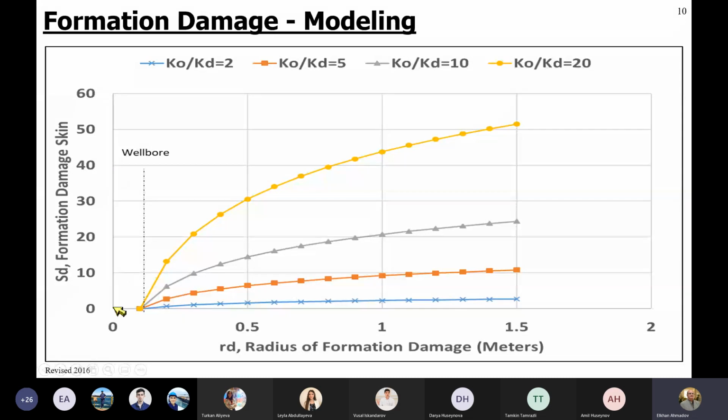So the zero line is the center of the wellbore, or center of wellbore radius. So this is the wellbore radius, and the radius of damage is now considered from this wellbore and on or further.